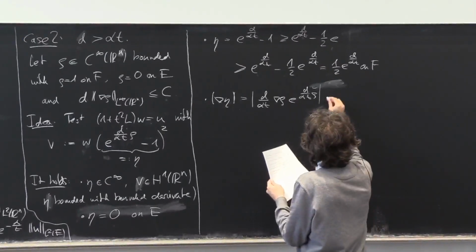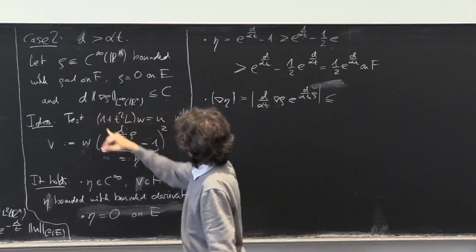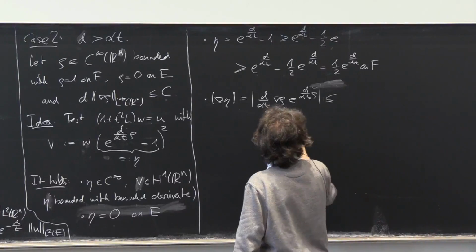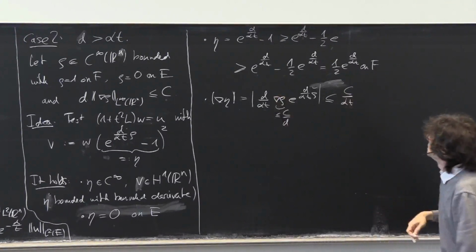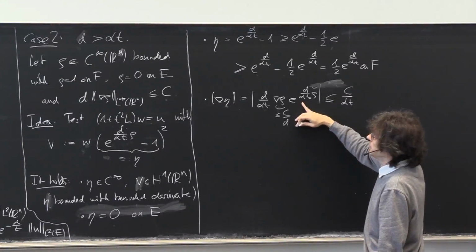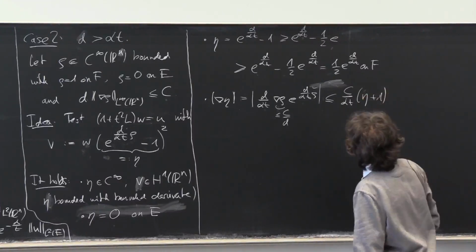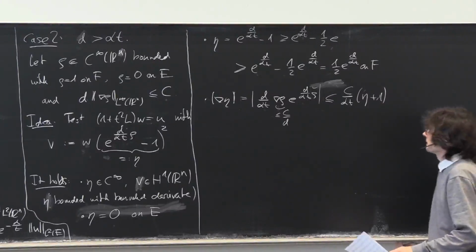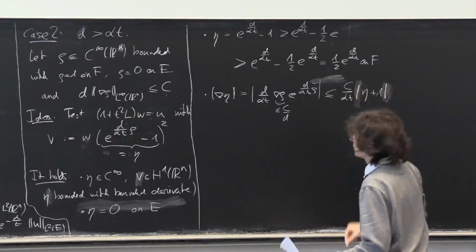And now the gradient of rho is bounded by c over d. So this is less or equal c over d. So this is less than c over alpha t. So the d cancels, times, and this is more or less eta. What is it? This is eta plus 1. And we have the modulus missing.